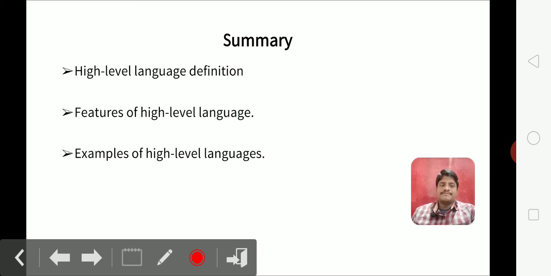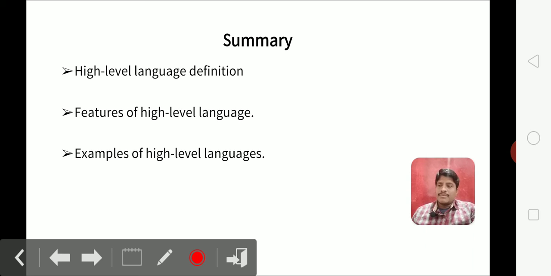Coming to the summary, high level languages are written in an English coded manner, and these high level languages are converted into assembly level language by using an assembler. Then assembly level language is converted into machine level language by the compiler or interpreter.